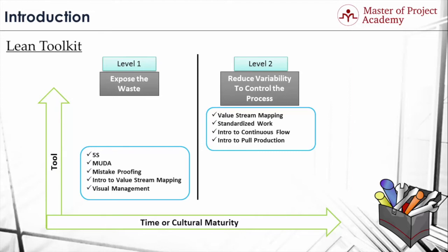After minimization of the waste and reaching a more mature level as an organization, reducing the variability and controlling the process is aimed at the second level. During this lecture, we've seen the Lean Toolkit. During the next lecture, we will be going over Lean techniques.